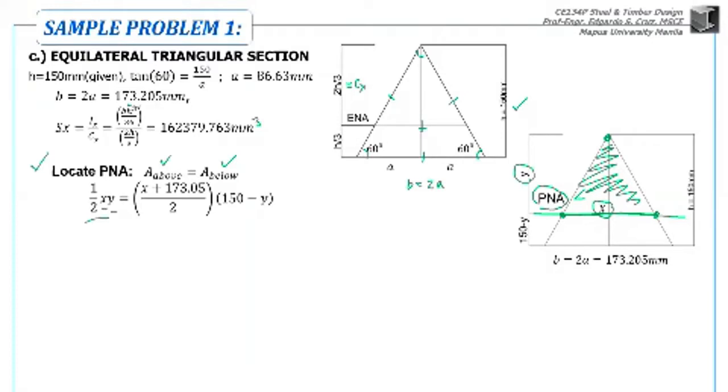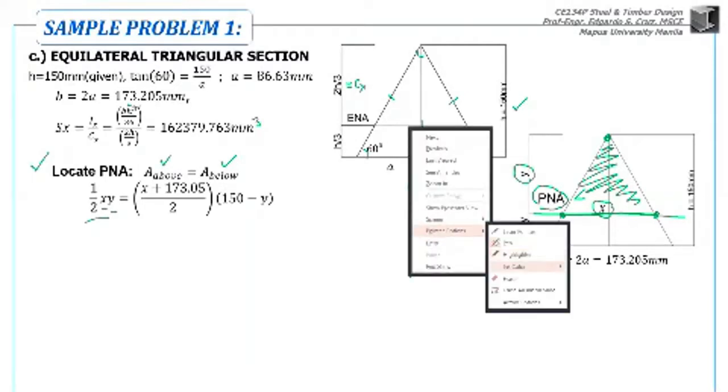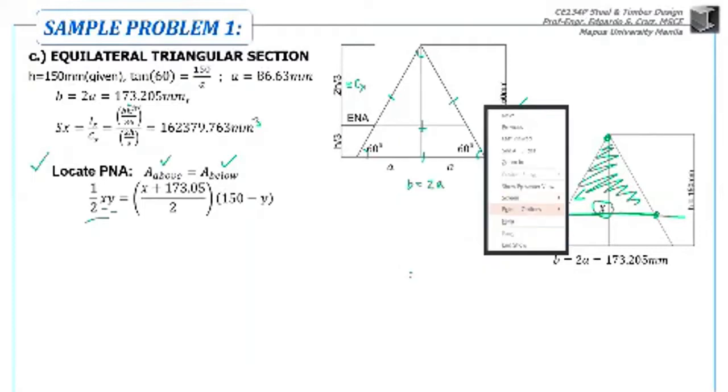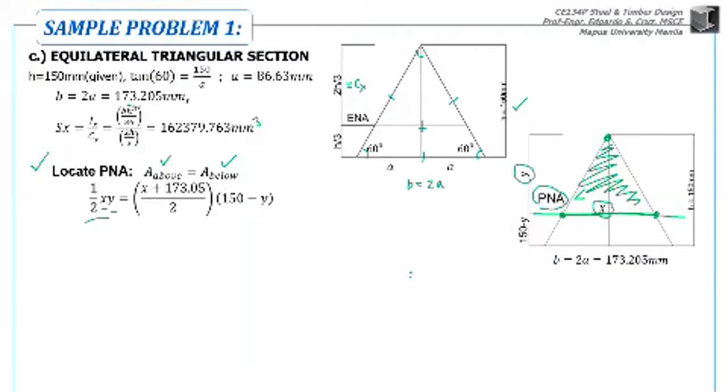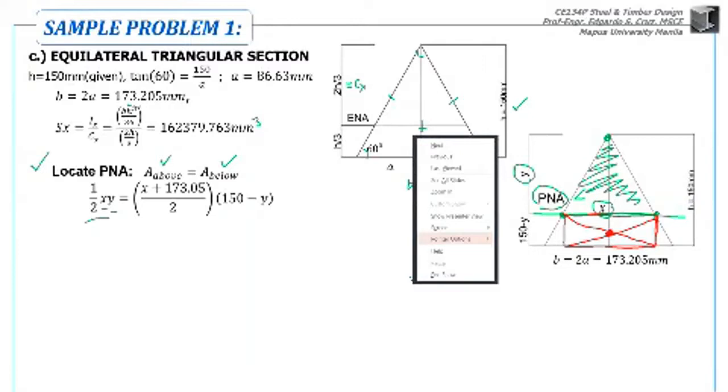Now, ano yung area below? Okay, yung area below naman, ito, yung trapezoid. So pwede ko i-divide yung trapezoid ng rectangle. So ito, rectangle muna. Okay, so let's say ang centroid niya nandito. Tapos yung triangle sa dalawang gilid.